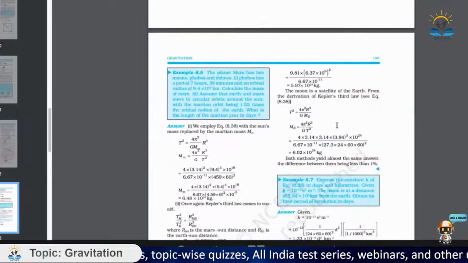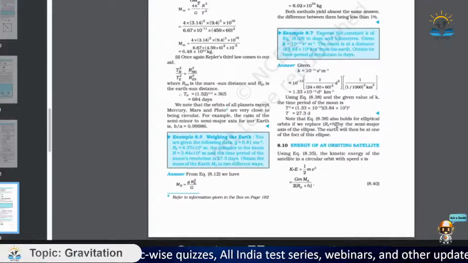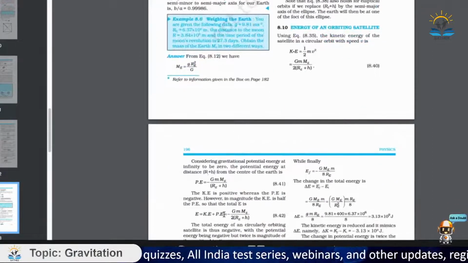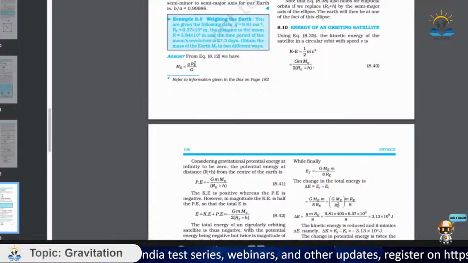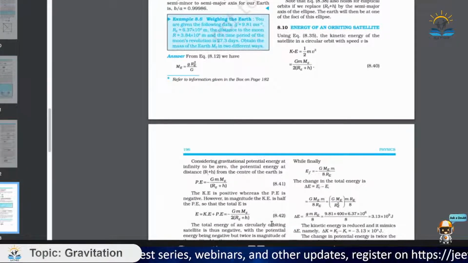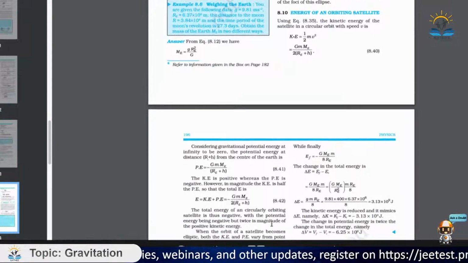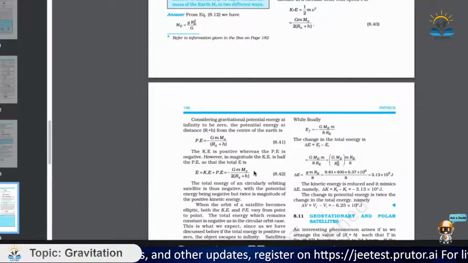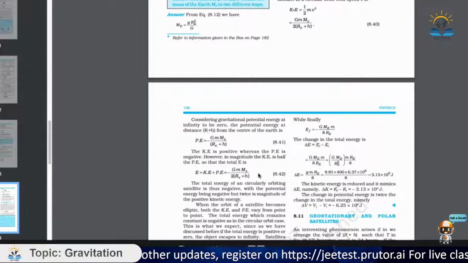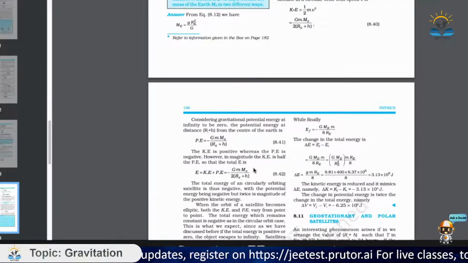The total energy of an orbiting satellite can be written as minus G small m capital Me upon 2 times the radius of Earth plus h. These are some of the formulas that you will have to learn, and these will help you out with the questions.